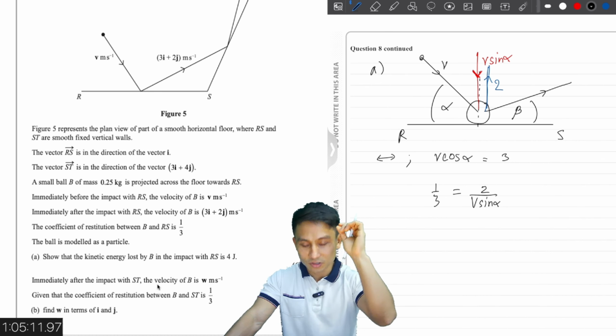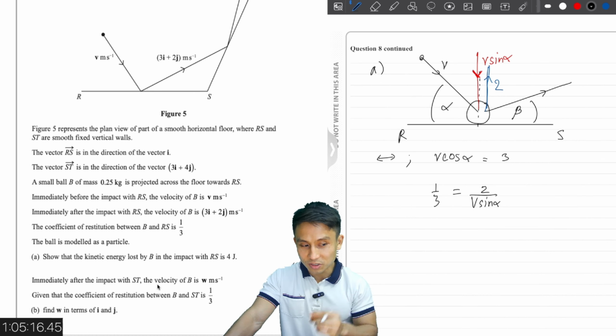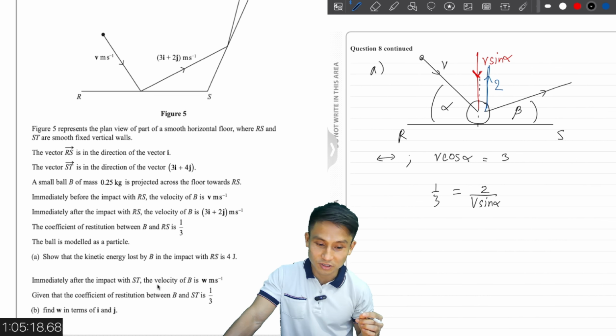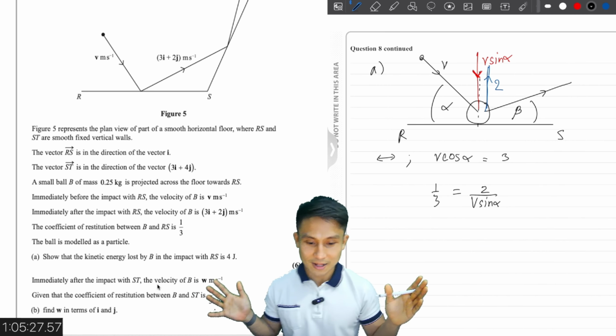If the ball hits the wall, it's just the final speed over the initial speed equals the coefficient of restitution. Or the coefficient of restitution times the initial speed equals the final speed if you hit the wall. So that's just it.